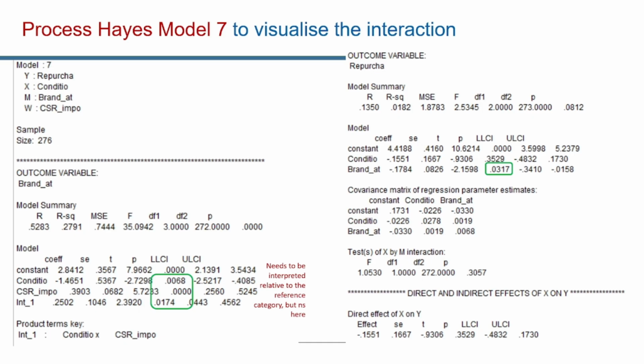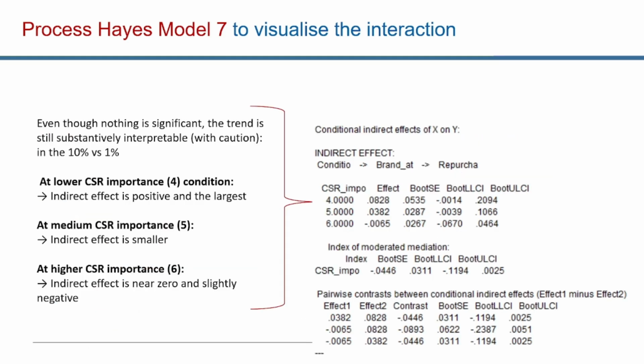But like I said, this is training data, and we're just going to go along with what it's given to us. And here I wouldn't interpret it much because there is no statistically significant indirect effect of condition on repurchase intentions via brand attachment. But if you want to understand what these ones are and what they mean, these are the effect sizes on repurchase intention.